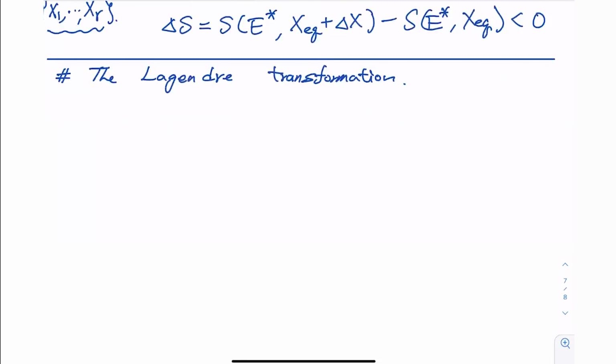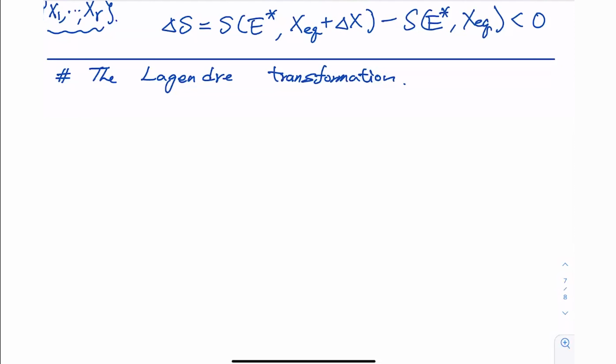Basically the idea is that if we have a function, we can of course describe it using the original variables. But we can ask ourselves, can I describe this function using the slope or the tangent of this function? It turns out that this is what the Legendre transformation is doing.